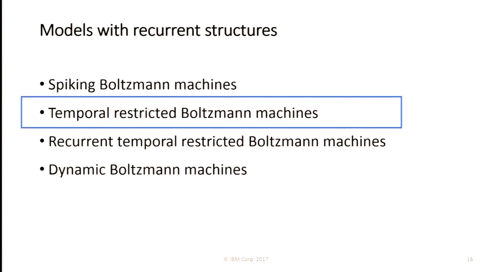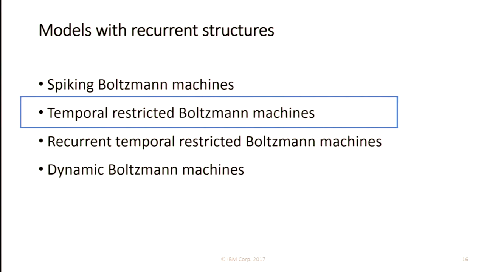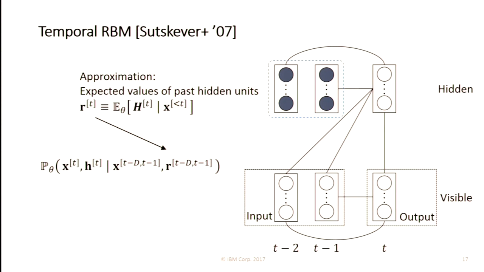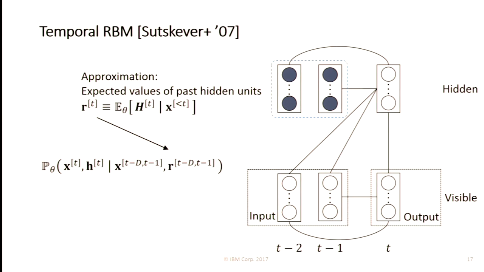Okay. So I think I want to also talk about temporal RBM and hopefully recurrent temporal RBM before the break. This is also similar to conditional RBM, but with a similar recurrent structure to spiking Boltzmann machines.